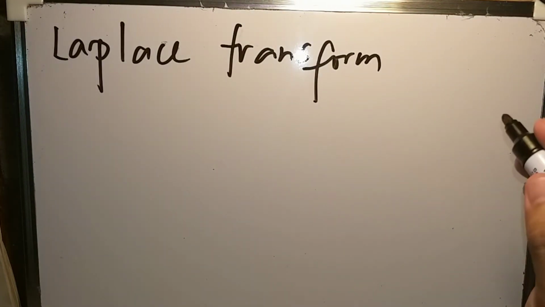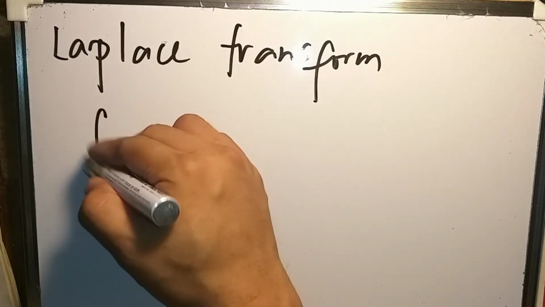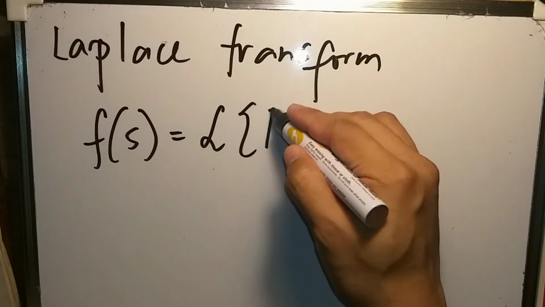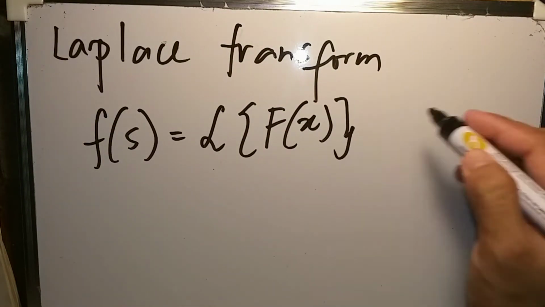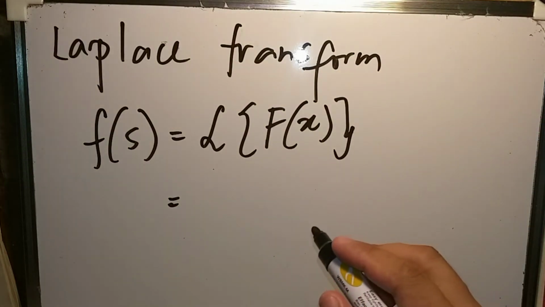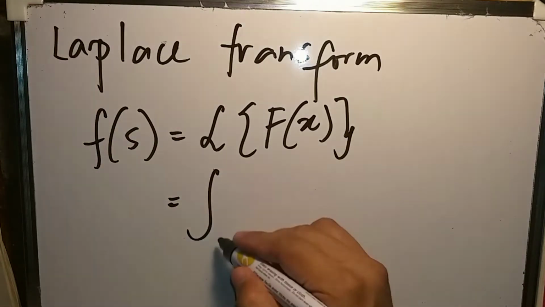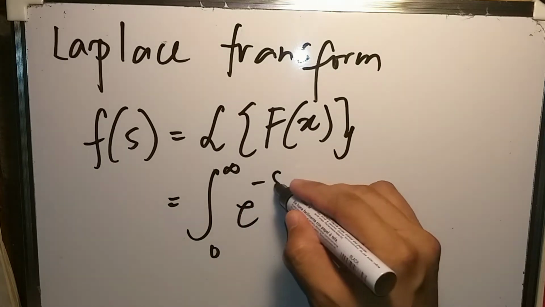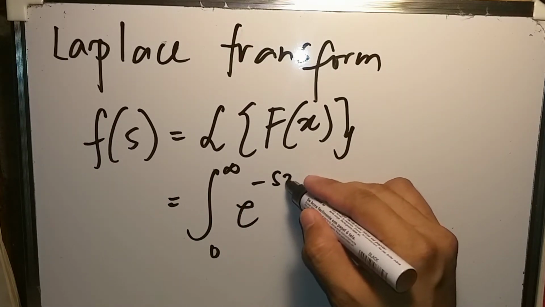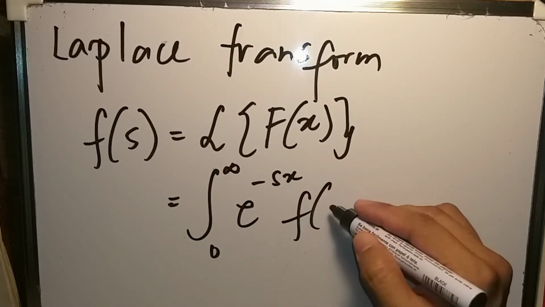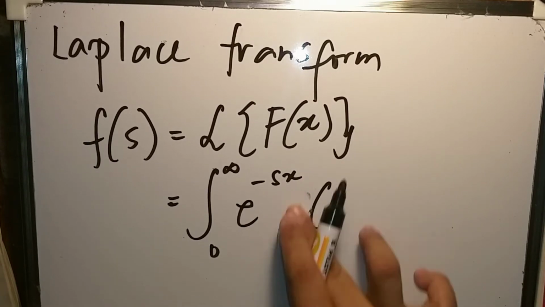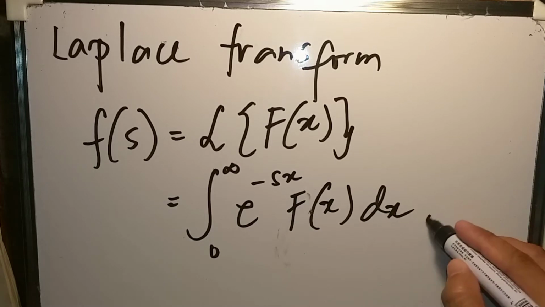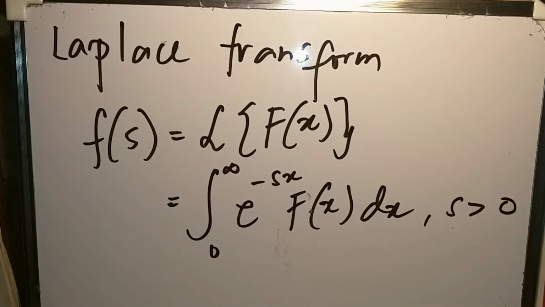Our definition of the Laplace transform: we have F of s, which is also equal to L of some function f. That is the integral from 0 to infinity of e to the minus sx times f of x dx, where s is greater than 0.